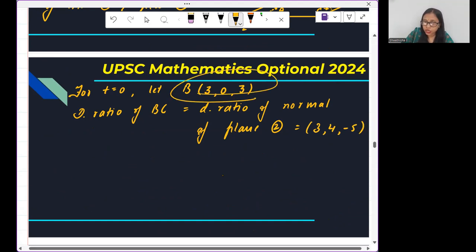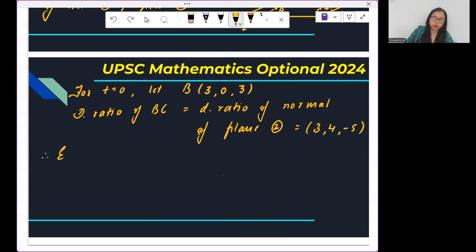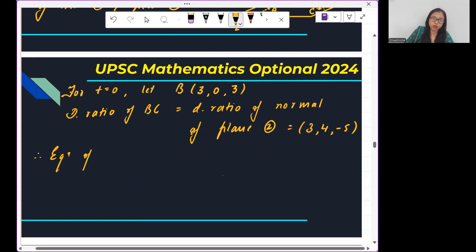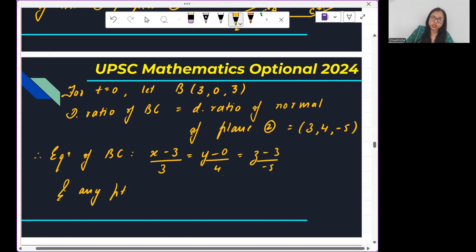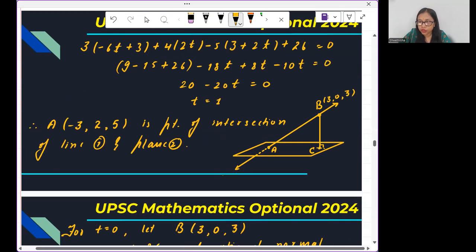So you have a point on the line, you have direction ratio of the line, you can very easily find equation. Therefore, equation of BC is x minus 3 divided by 3, y minus 0 divided by 4, and z minus 3 divided by minus 5. And any point on BC is 3k plus 3, 4k and minus 5k plus 3. Note that this is the point I have taken on this BC.